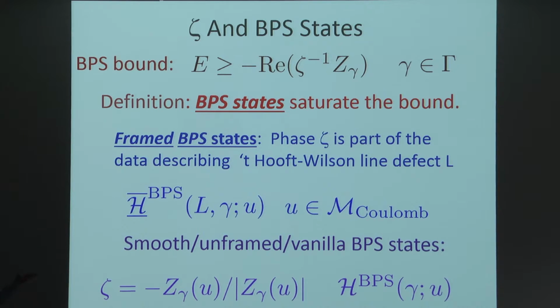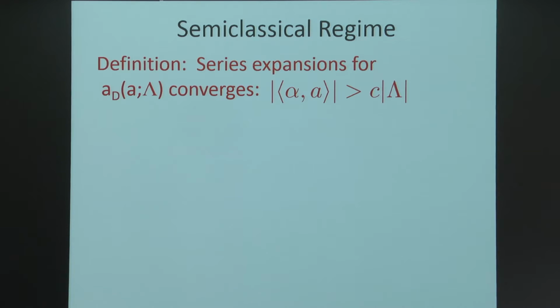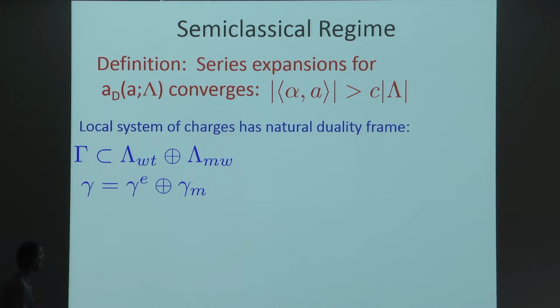Now, what we'd like to do is describe these spaces in the semiclassical regime. What's the semiclassical regime? Well, there are actually many equivalent definitions, but for us, we'll take the usual Seiberg-Witten picture where we have a_D as a function of a and the dynamical scale. So if all the inner products of a with the roots are greater than some suitable constant times the dynamical scale, these series converge.